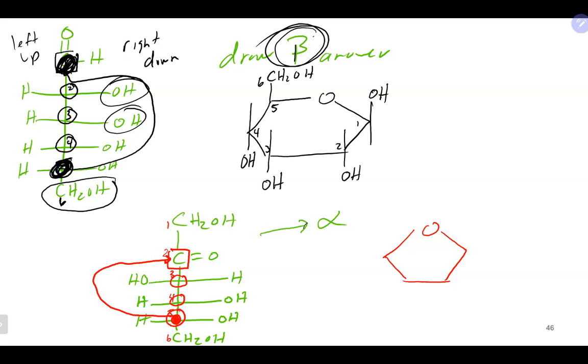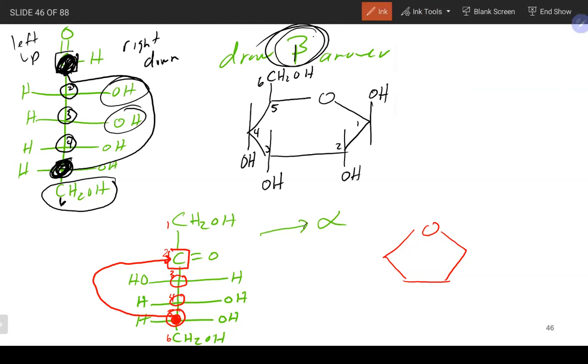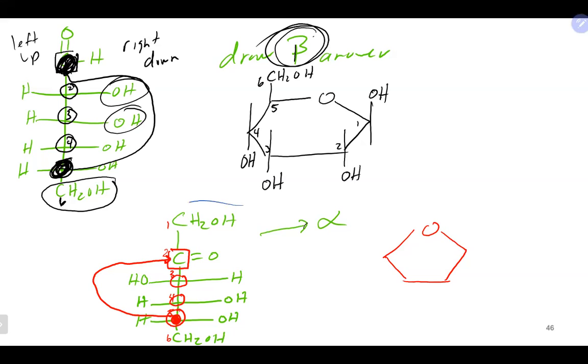Everybody see the difference there? We went to carbon number 2 versus carbon number 1, which means our ring has 1 less carbon and should only have 4 carbons on the ring. Any questions on that there? At this point, we can see a couple of things. We see that this group is not part of the ring, and we see that this group is not part of the ring either.